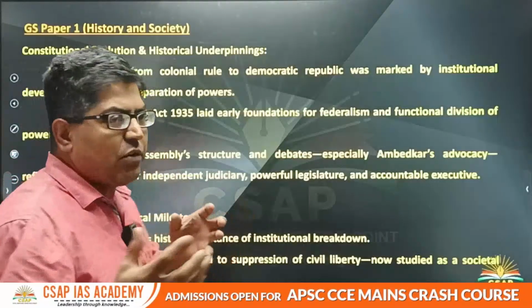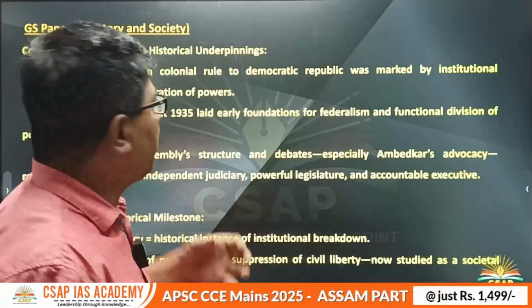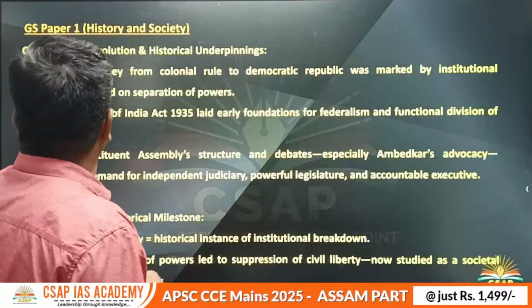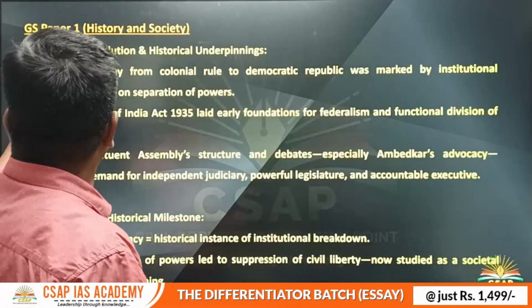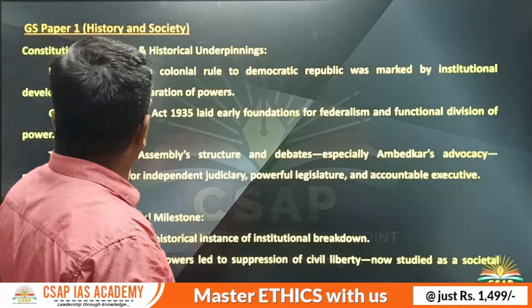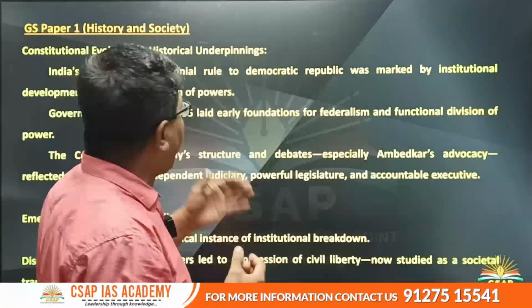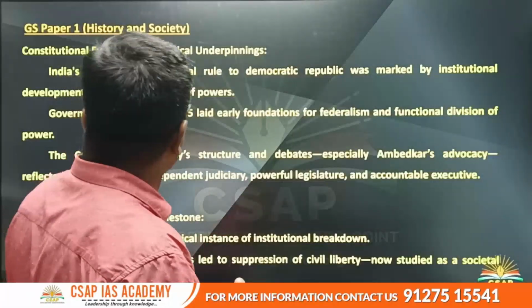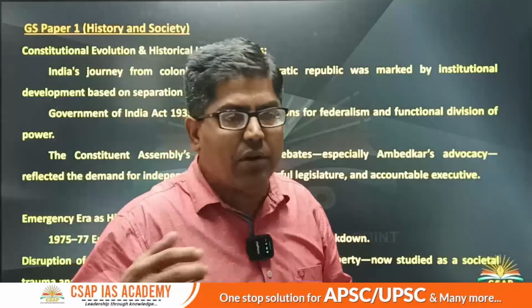Now let us briefly look at and understand how this particular theme or topic can be related to other papers. For example, GS Paper 1, history and society, from which we can look at constitutional evolution and historical underpinnings. India's journey from colonial rule to democratic republic was marked by institutional development based on separation of powers. So it is not that all of a sudden the concept of separation of powers has come to us.